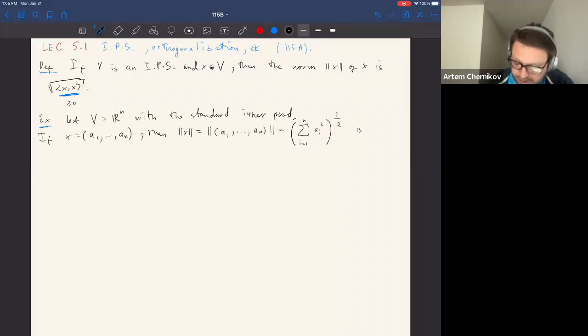This is of course the usual Euclidean length of the vector.